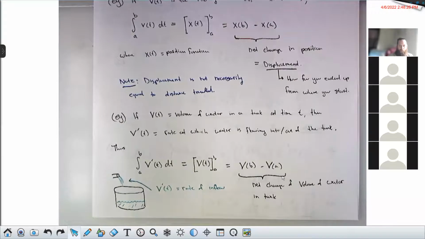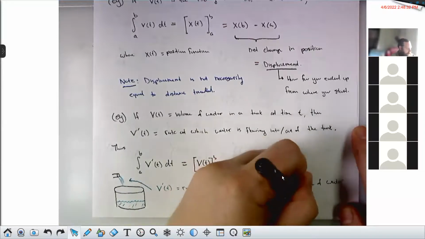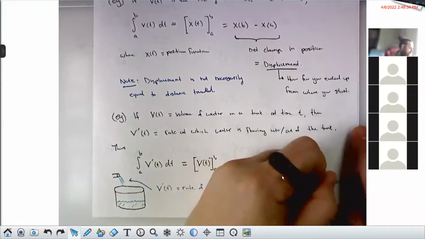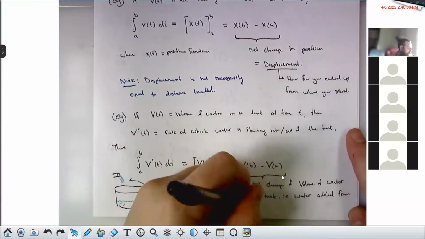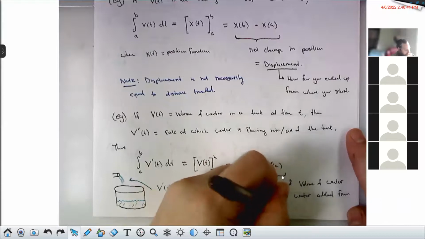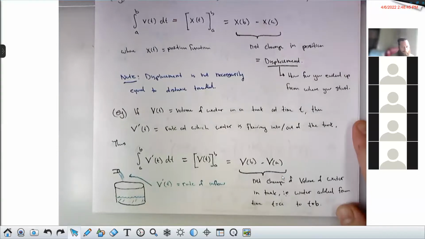i.e., how much water did you add from time t equals a to t equals b? Right?